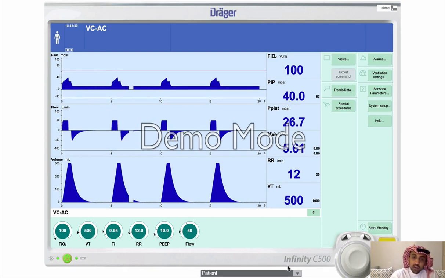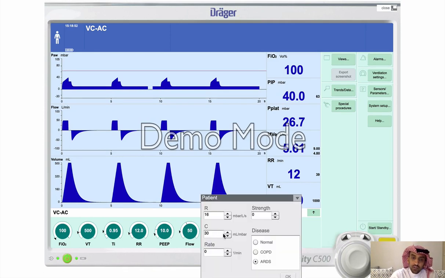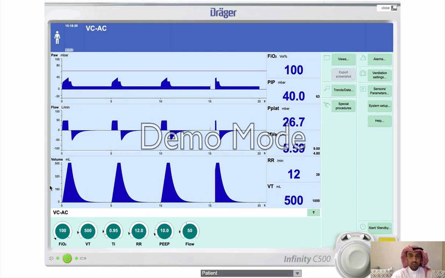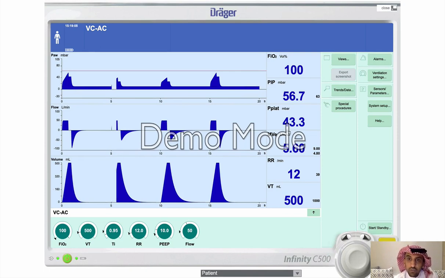So if we say that this patient has severe ARDS, and the lung compliance is very, very low, and you're setting a tidal volume of 500, immediately you will see that the plateau pressure is 43, which is above our target, and we need to decrease it.